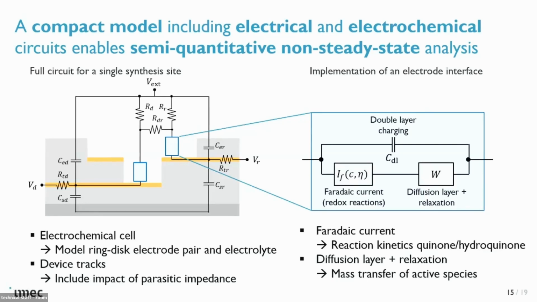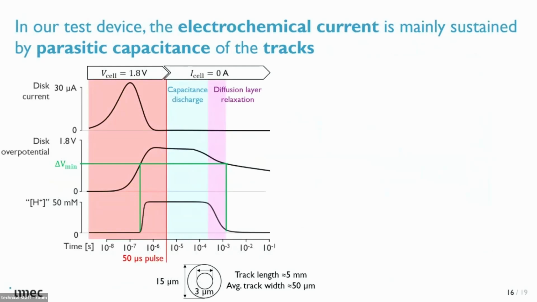We use both literature values but also extensive bulk experiments of our own to parameterize the whole model, which is quite important. If you then use this model, you can actually look in detail at what the currents are that you get out of each cell, what the overall potential at the disk is, and what the proton concentration above the disk becomes.